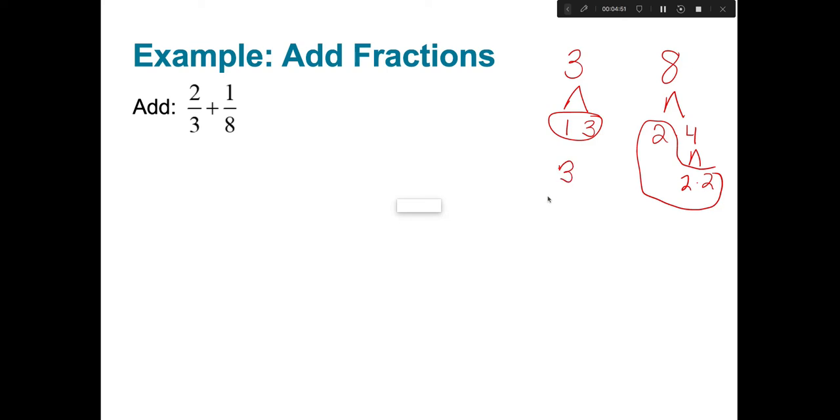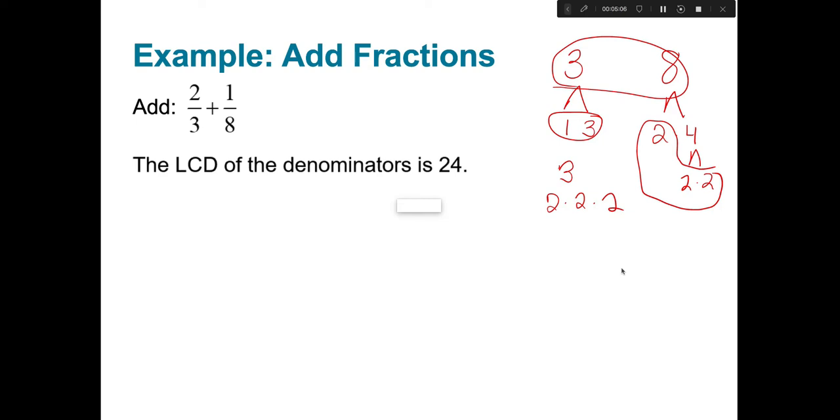So we have a 3, a 2, and a 2, and a 2, and we say there's nothing in common here. If there was something in common, we would cross them out, but there's not. So we just have to multiply these two numbers to get our least common denominator. So we find out that's a 24. If we're changing our denominators to 24, what do we have to take this fraction times? 8.